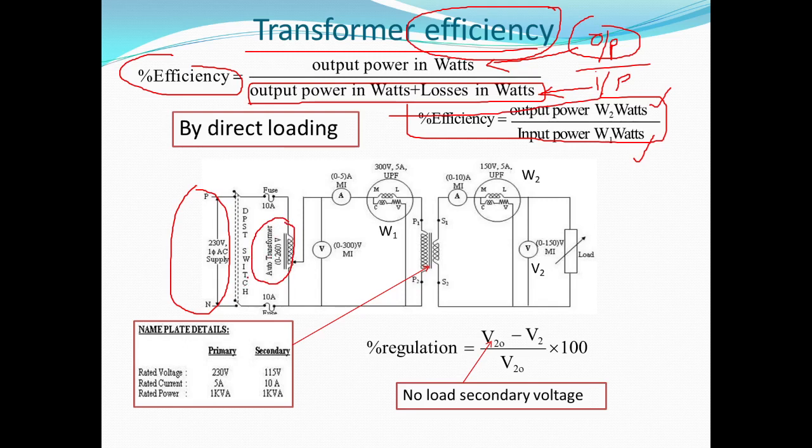With the help of the knob, we can change the output voltage in steps of 10, 20, 30 up to its rated value. Here it is 260 volts. DPST means double pole single throw switch. It protects from over current as well as over voltage faults.